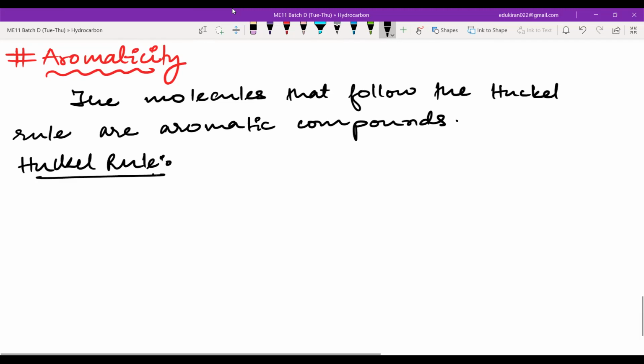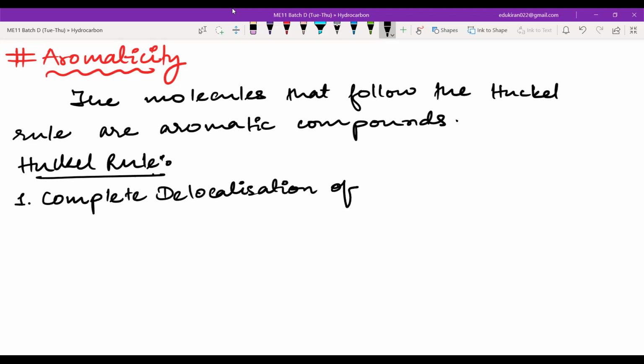So first point is a complete delocalization of pi electrons in ring.